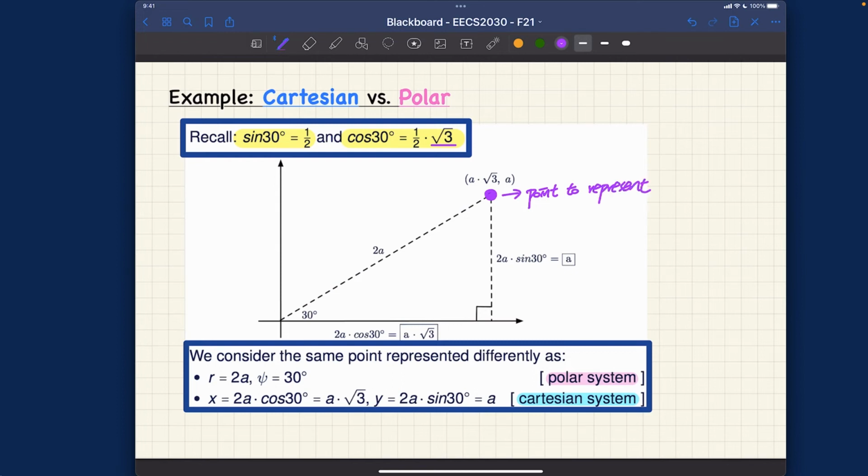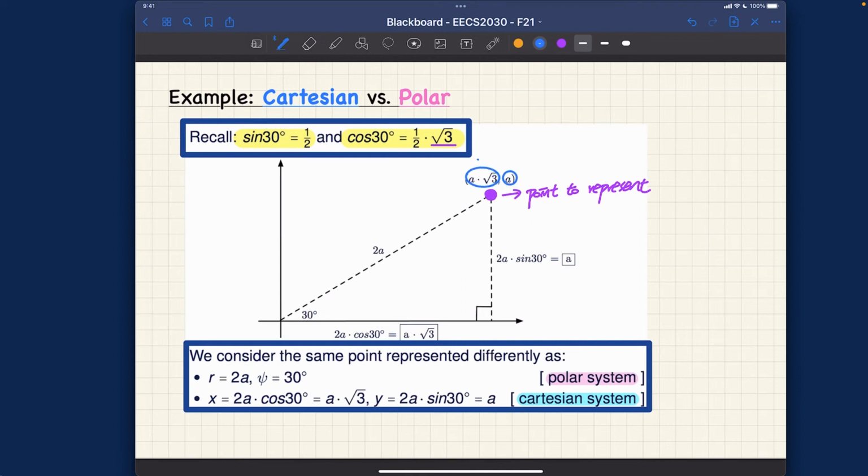Okay, and remember we got two systems. Let me show you the setup, and I'll do a little reasoning together with you just to make sure you're okay. Let's say for the Cartesian system, we're going to store a times square root of 3, and also a.